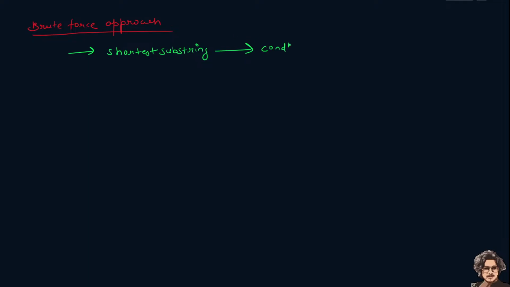Whenever you see this pattern, finding something based on a condition, a natural instinct for the brute force approach is to think about substrings. The first approach is: what if I just test every substring? Try all possible substrings.